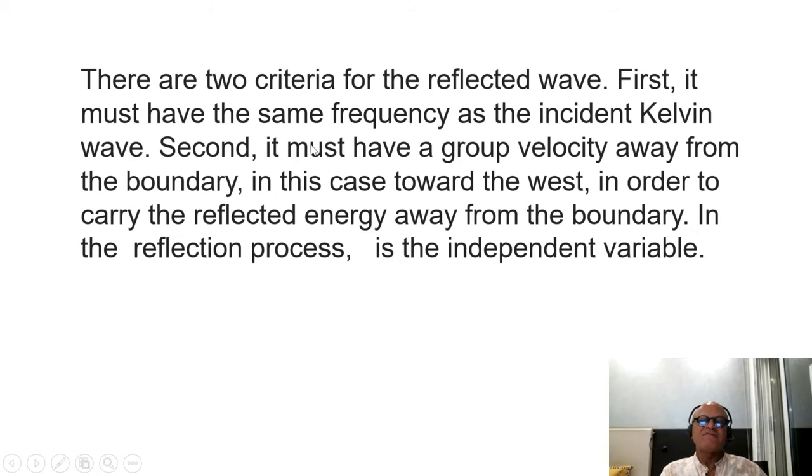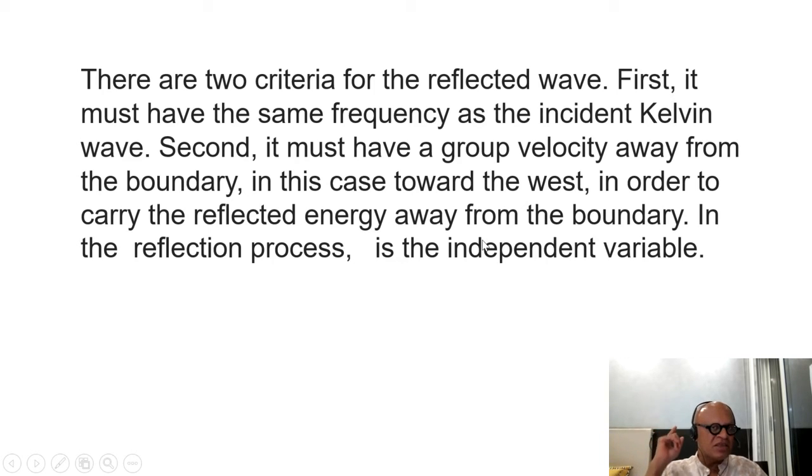First, it must have the same frequency as the incident Kelvin wave. Secondly, it must have a group velocity away from the boundary. In this case, of course, from the eastern boundary towards the west, in order to carry the reflected energy away from the boundary. Okay. In this reflection process, I'm missing omega here. Frequency is the independent variable.